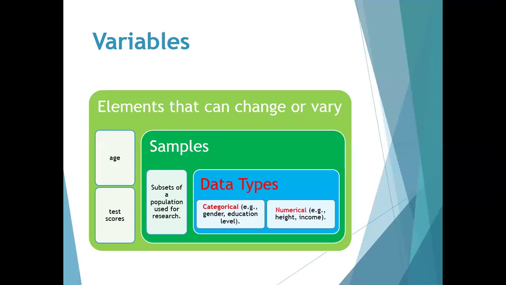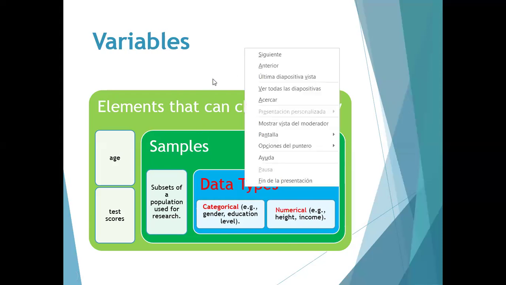Categorical, e.g. gender, education level. Numerical, e.g. high income, okay? So these are examples of variables, okay.